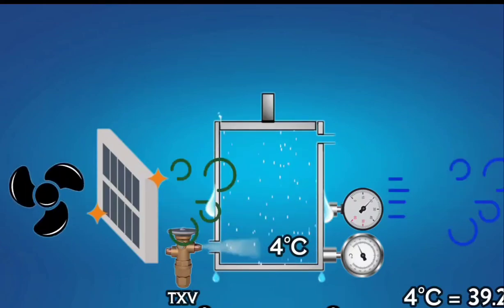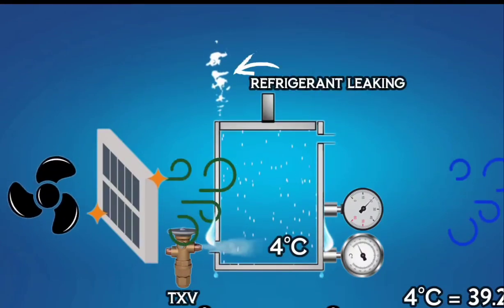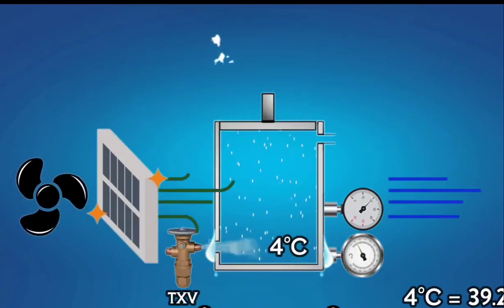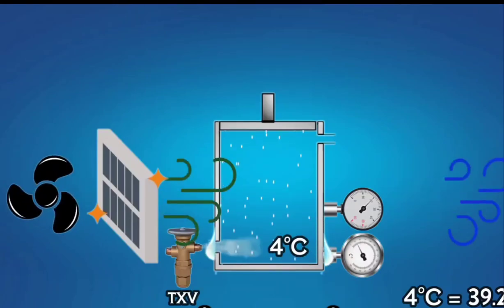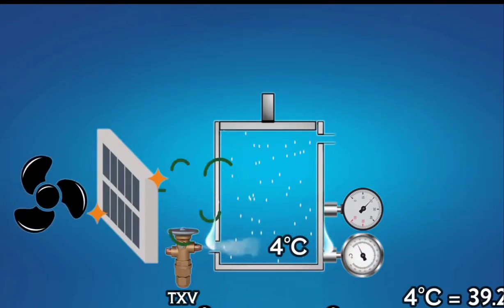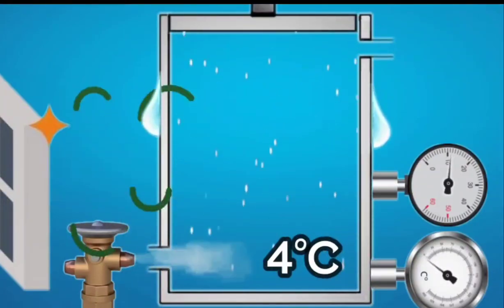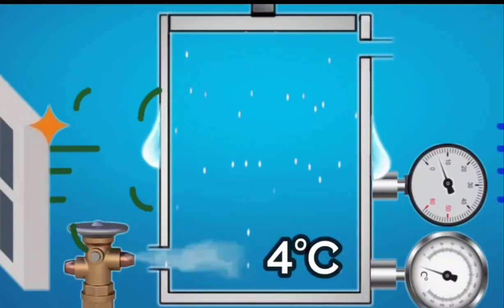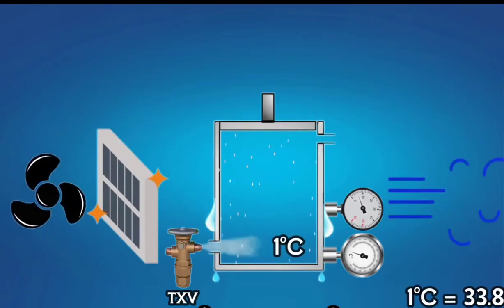Now, if a small amount of refrigerant is released from this evaporator, the pressure inside the evaporator will decrease. We have already said in the pressure-temperature relationship that if the pressure decreases, the temperature will decrease. So, when the pressure in the evaporator decreases, the temperature of the refrigerant also decreases. Refrigerant which is already at 4 degrees Celsius will further decrease to minus.